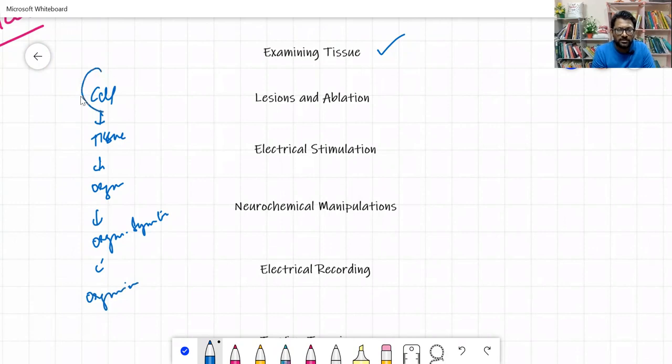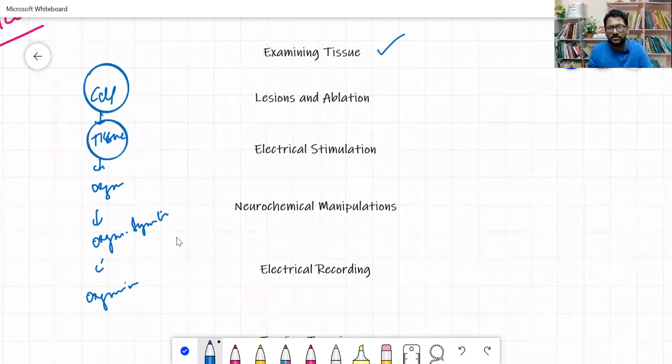So we are talking at the cellular level and also at the tissue level. Examining the tissue would be one of the methods to study the brain activity, etc. So here, if you see this tissue, right? We are speaking about the first one.